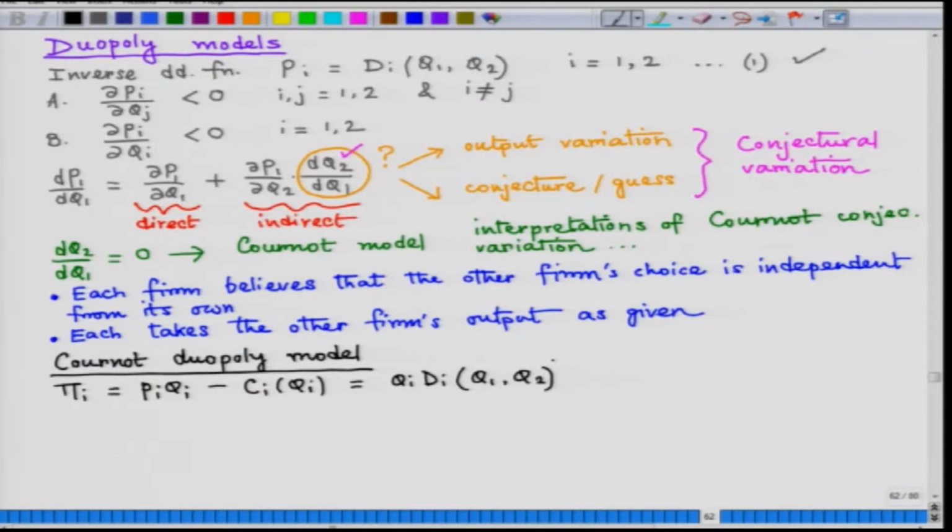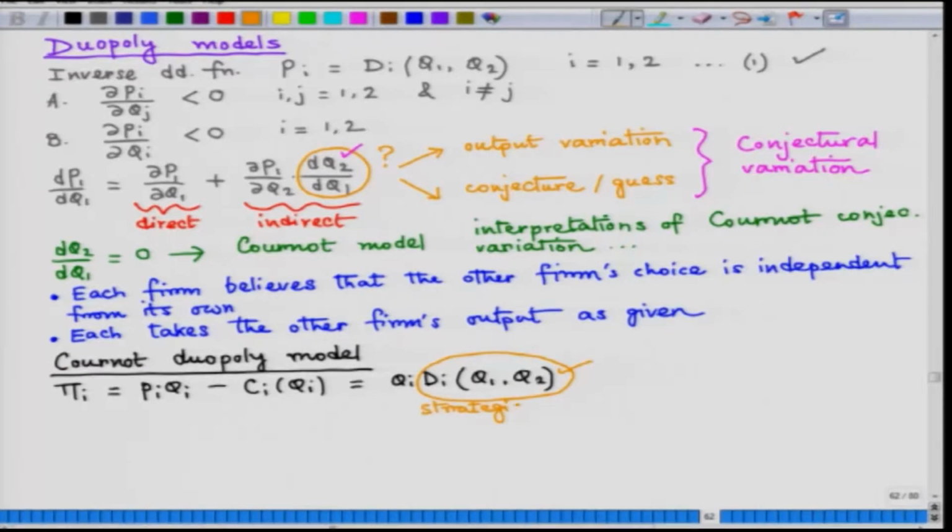So, note that the interdependence in the Cournot model comes from this demand function, right. So, the output decision of the ith firm impacts the price that is received by not only the ith firm, but the jth firm as well.